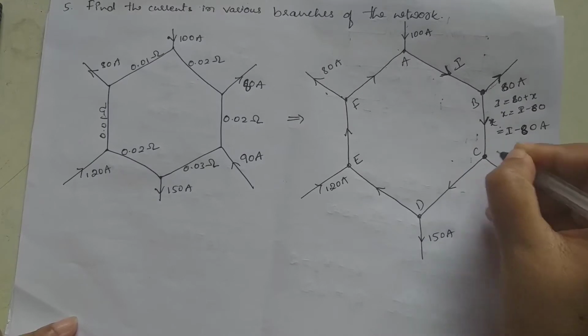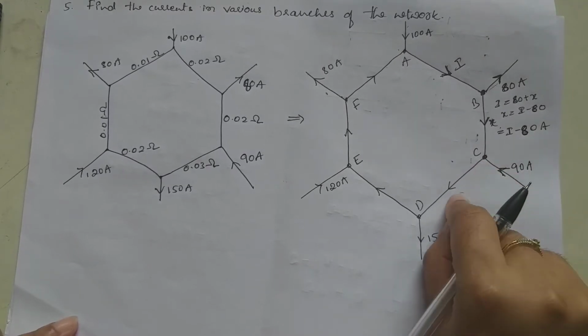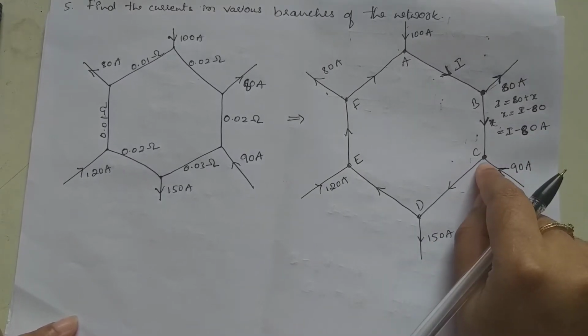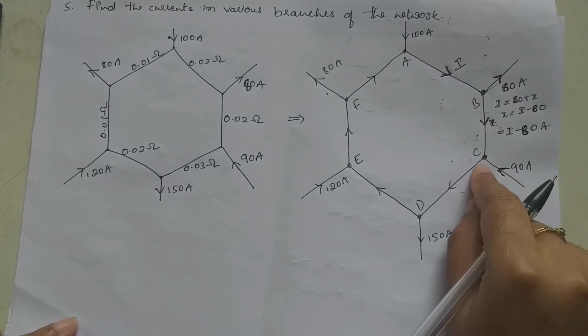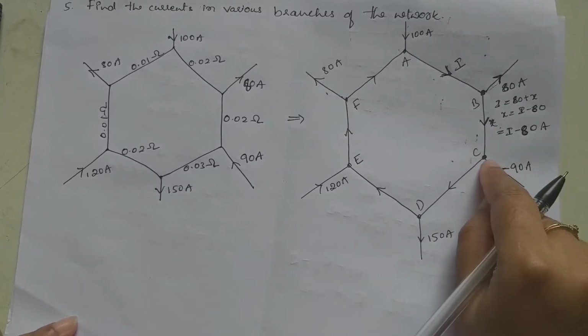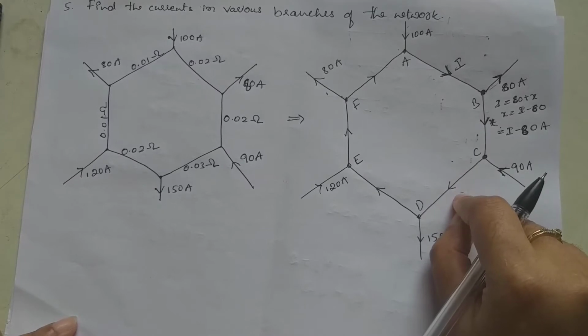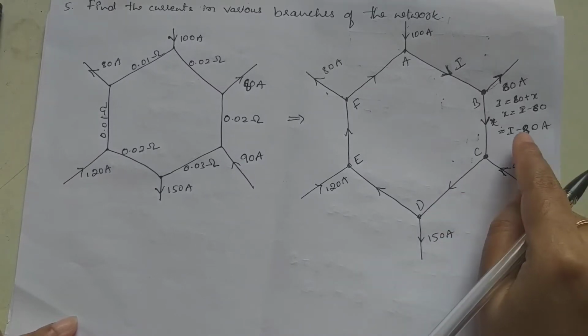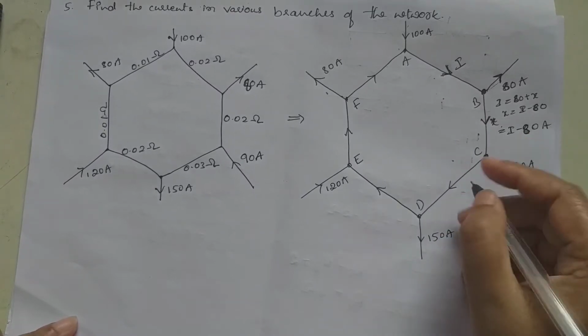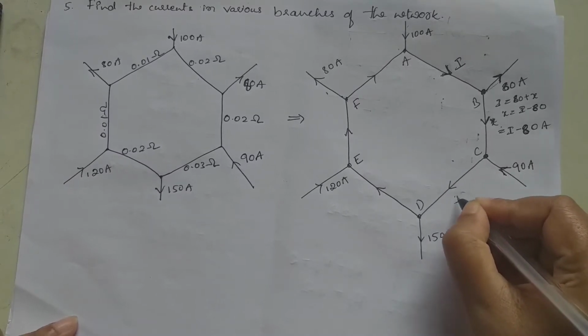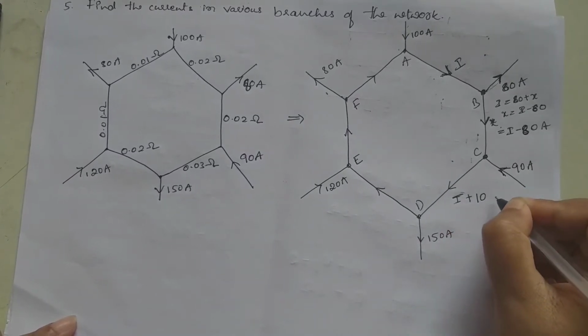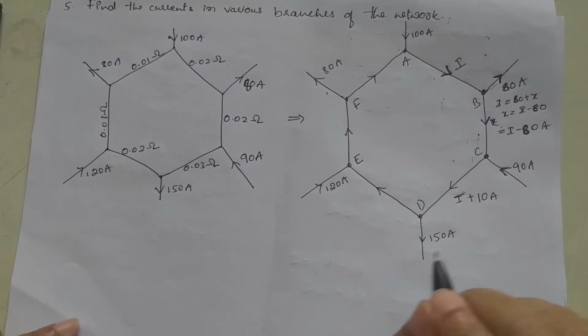Apply KCL to node C and find this current. Applying KCL to node C, these two currents are incoming and only this current is outgoing. This outgoing current is equal to I minus 80 plus 90, so it is I plus 10 amperes.